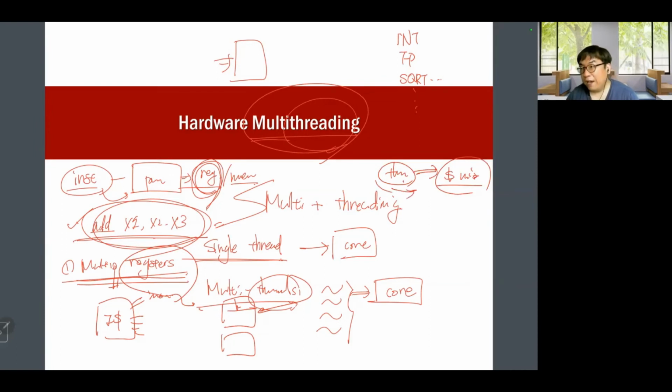While this thread is waiting for the requested data, the processor cannot do anything. Then the processor can change to a different thread and execute the instructions in that thread. So multi-threading is also good for the cache miss event.